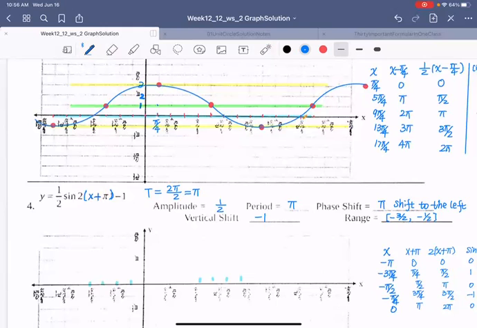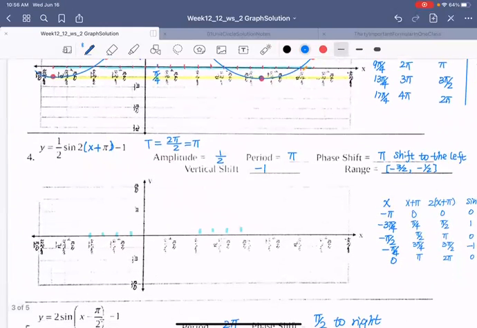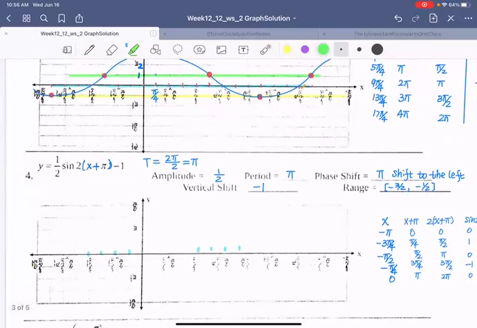Okay, so you graph the top and bottom line and the midline. What's the midline? Midline is -1. Okay. So I'm going to draw the midline like that. And then the bottom is -3/2.